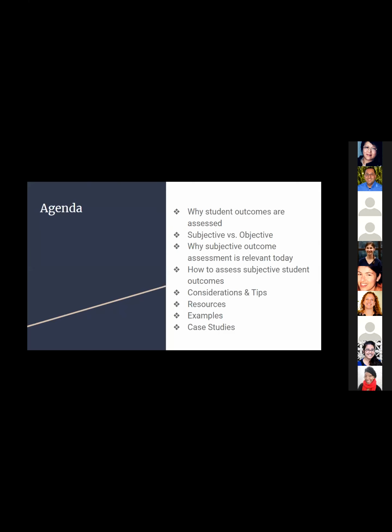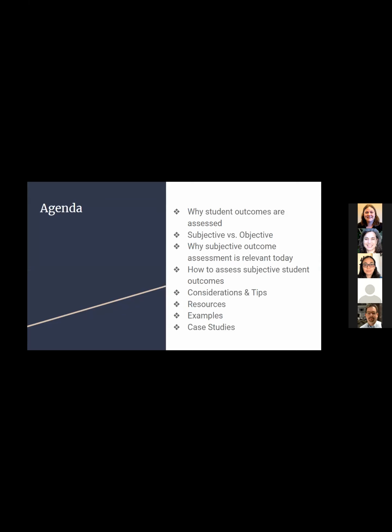So in order to do that, we are going to answer these questions and discuss these topics on our agenda. First, we are going to go over what is relevant from some of the assessment basics, like what student outcomes are, why student outcomes are measured, and what the difference is between the objective and subjective assessment and outcomes.